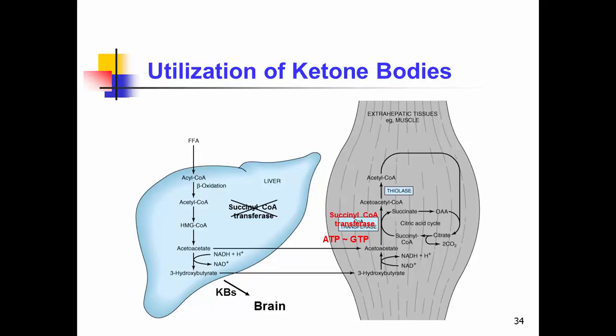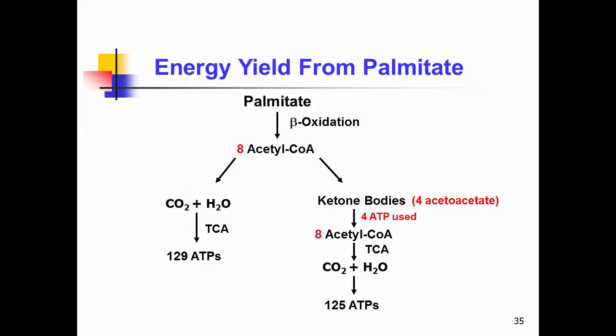And of course, ketone bodies are also utilized in the main organ, the brain, right? It utilizes a lot of ketone bodies for energy. And in terms of energy yield, let me see here.